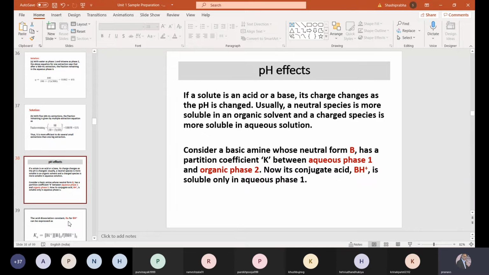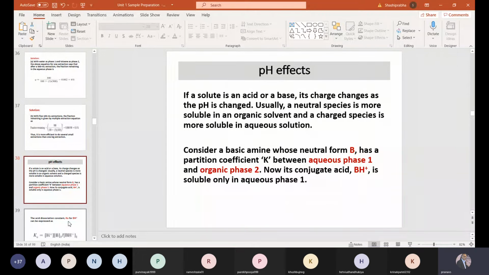And when it is BH plus, come what may, it will not be extracted in the organic phase. So naturally, the entire B which we expect to be extracted may not be possible, and therefore the extraction efficiency decreases.